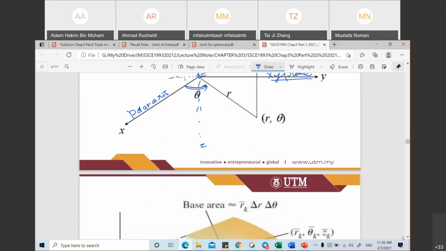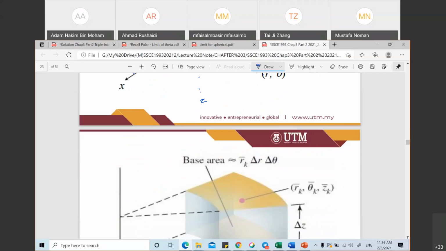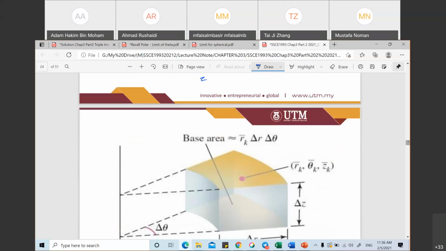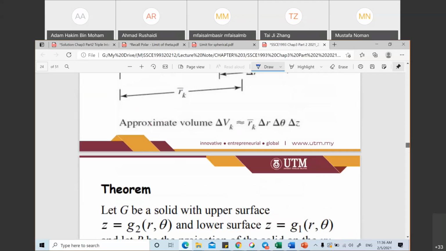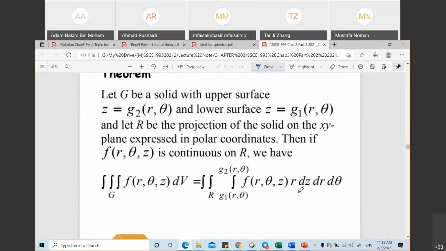So this is the derivation. You don't need to know. So this is the correct one: r dz dr d theta. No interchangeable, no type 1 or type 2. For your syllabus, we just move like this straight away.